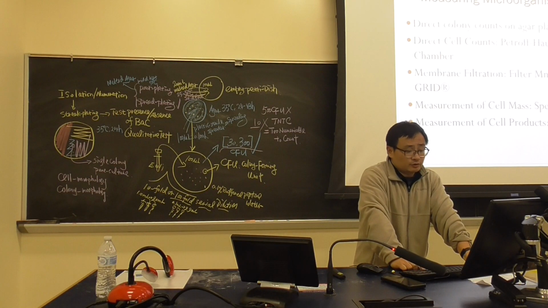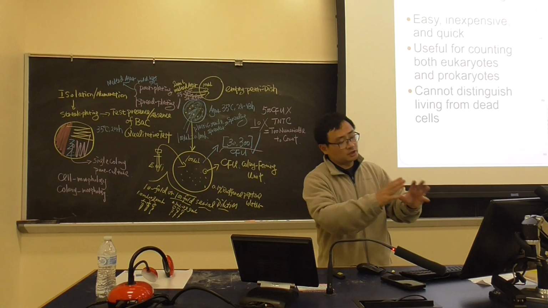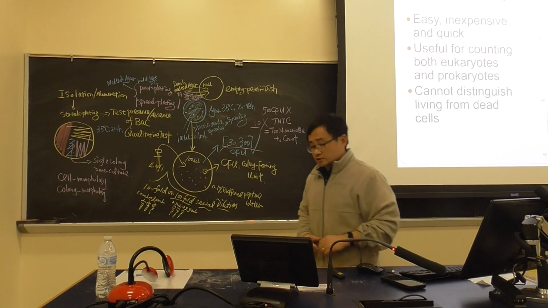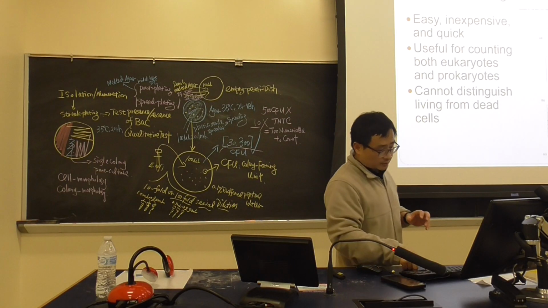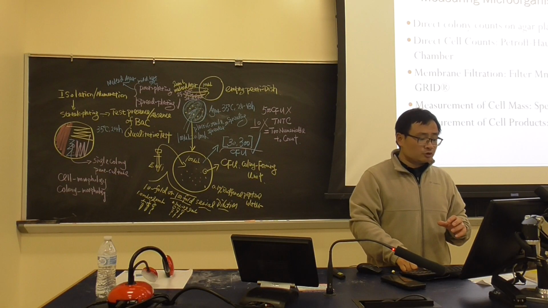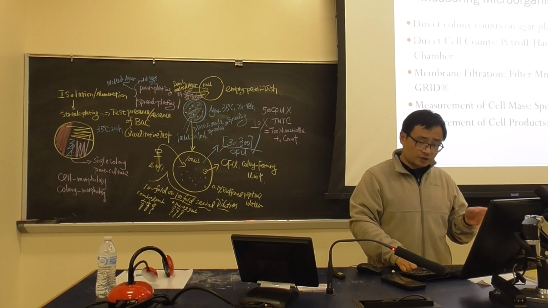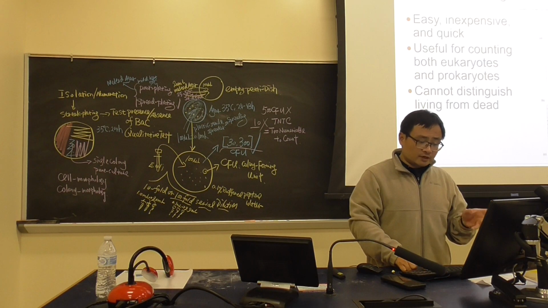Okay, how do we measure microorganism counts? There are lots of methods. We mentioned one, only agar plates. This is called direct colony counts. We could also use a chamber, the Petroff-Hausser counting chamber. It's very similar to counting your blood cells.